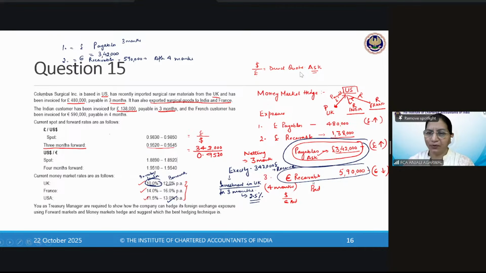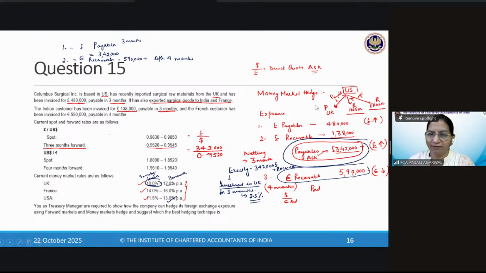So you have to create euro payables. If you want to create euro payables, borrow euro now. How much is the rate in France? 16%. So you have to borrow at the rate of 16%. How many euros will you borrow? So that you have to pay 590,000, your receivables.